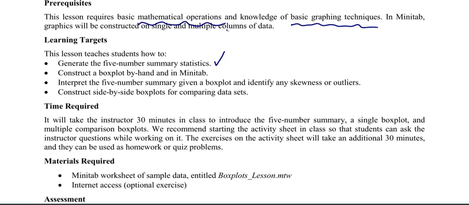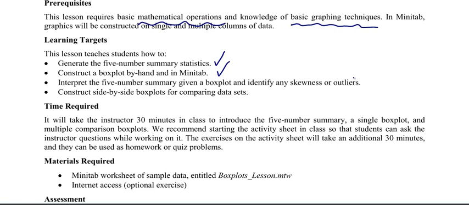How do you get these 5 numbers? And once we get these 5 numbers, it's really nice then to make a box plot to include these 5 numbers in it. I'd like to go through the box plot by hand. I think it makes a lot of sense once you see the structure of it. And once you understand how to make it by hand, then we'll go ahead and do it in Minitab.